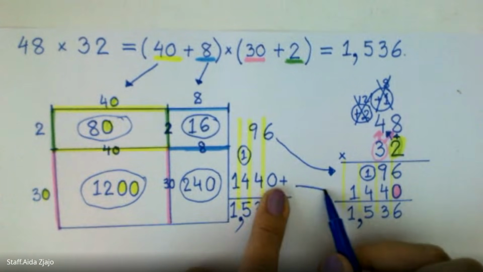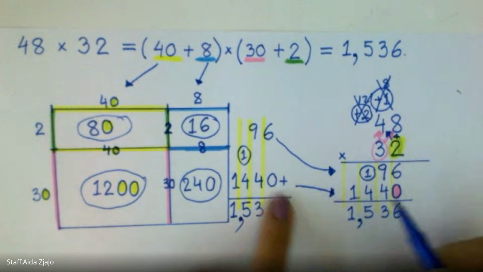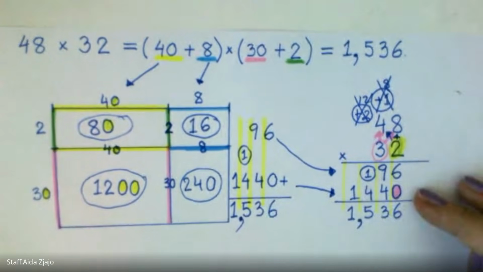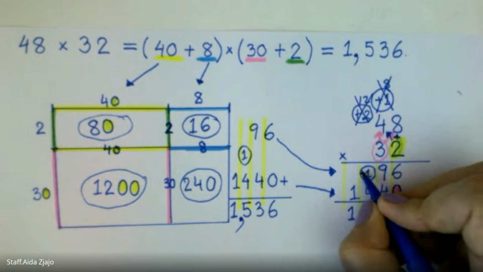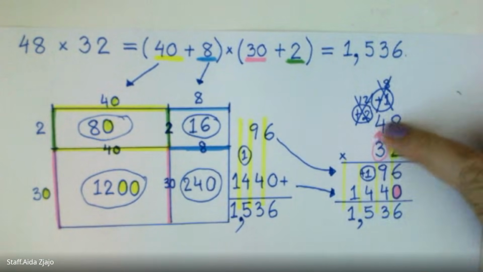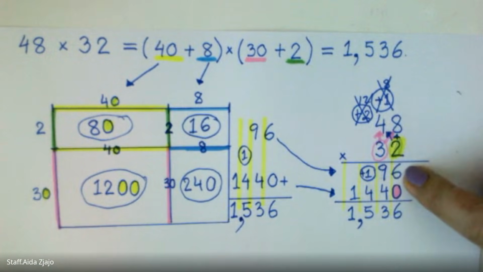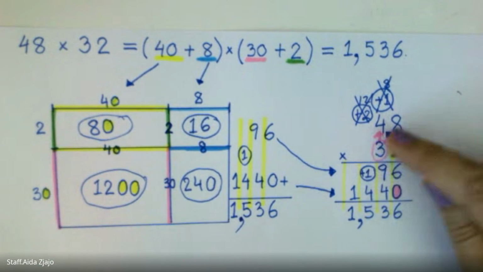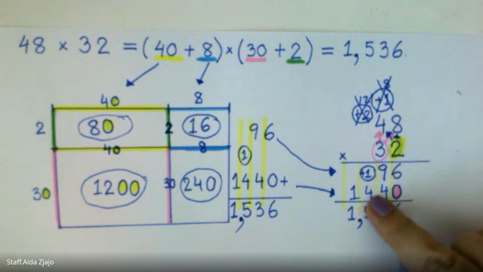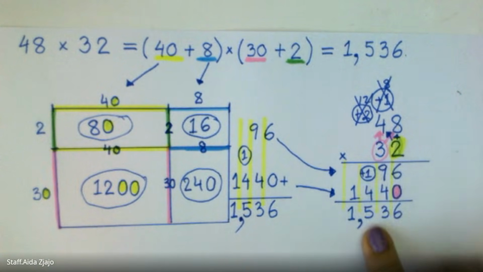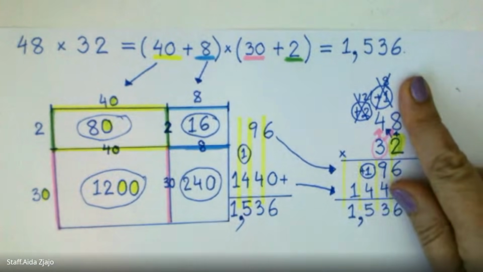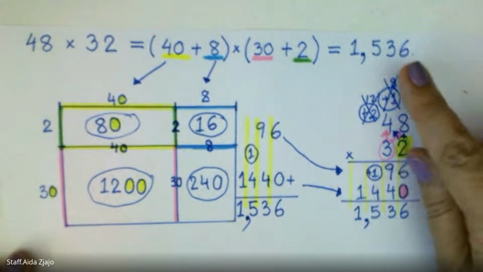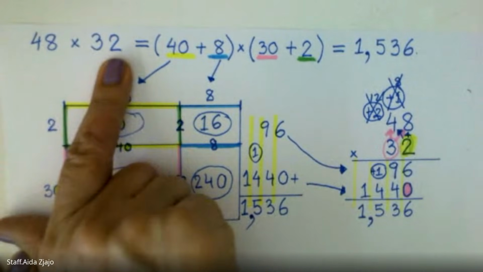And they are the second number in the standard algorithm, which means that 2 groups of 48 is 96, and 30 groups of 48 is 1,440. Together, they are 1,536, and that is the product of the 2-digit by 2-digit.